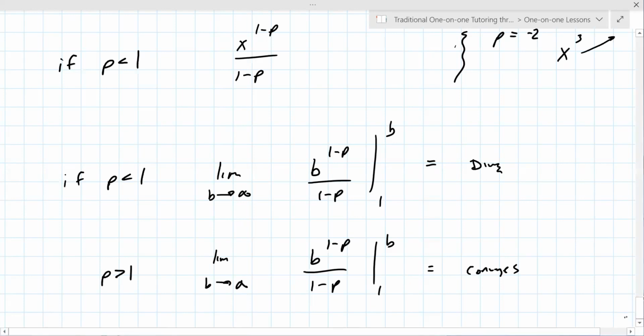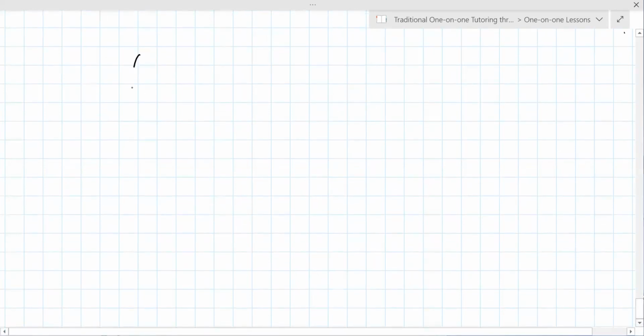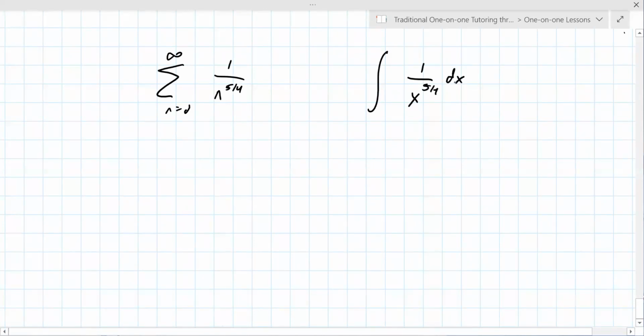I think what you're more likely to see is something like the sum of 1 over n to the 5/4, because I think this was one we did. Does this converge or diverge? And you're supposed to say, oh yeah, integral test, 1 over x to the 5/4. She has an answer key over this whole review, and that's how she did it.